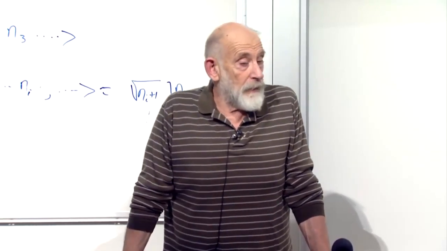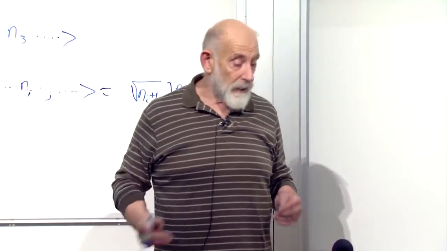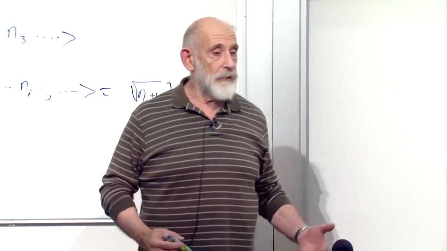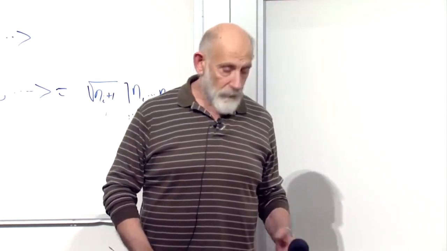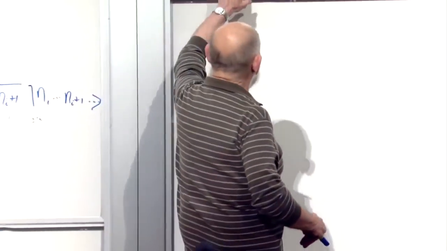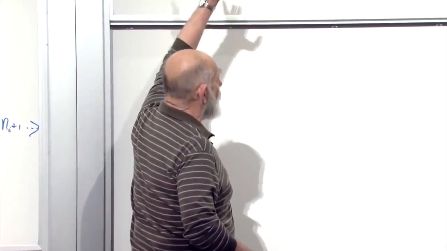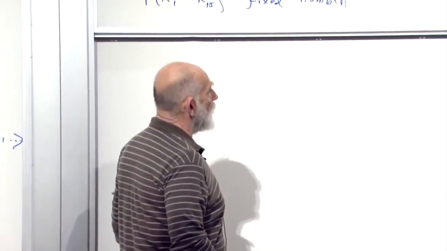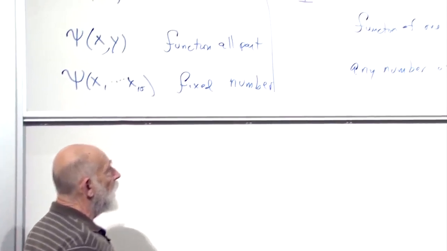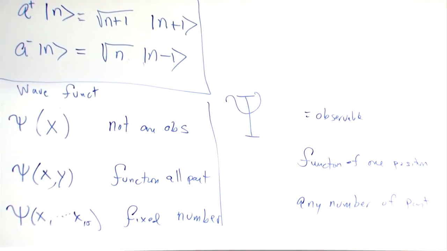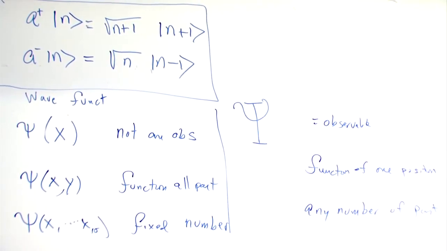Well, if we were thinking about the electromagnetic field and we remember that the electromagnetic field is photons, every time electromagnetic field is radiated, it changes the number of photons. So whatever psi is, it's an observable, it's an operator, it's a function of one position, and it represents the quantum mechanics of any number of particles, not a fixed number of particles. That's number one.